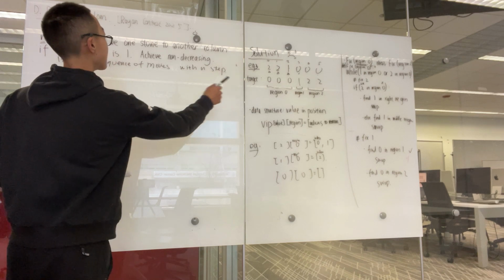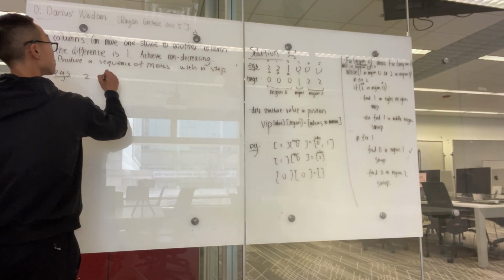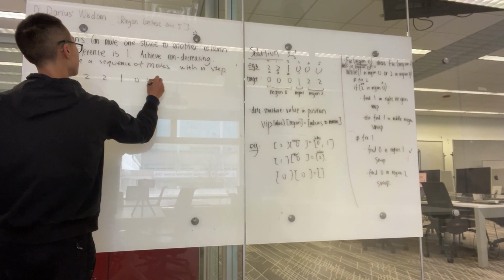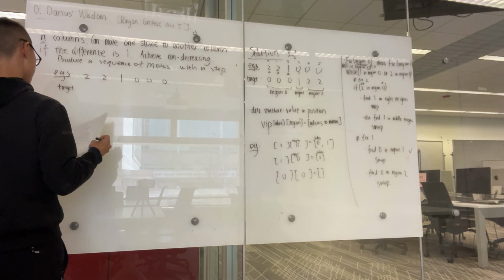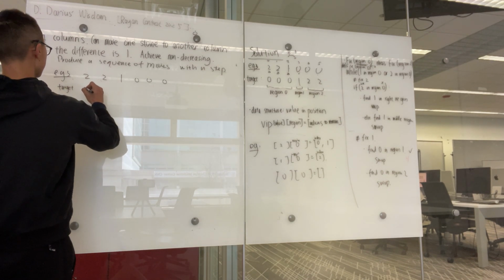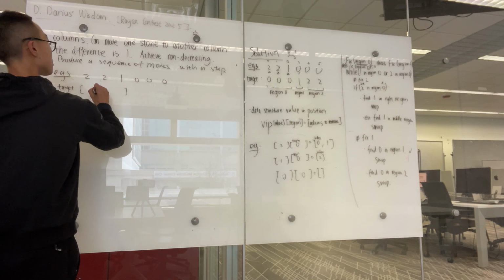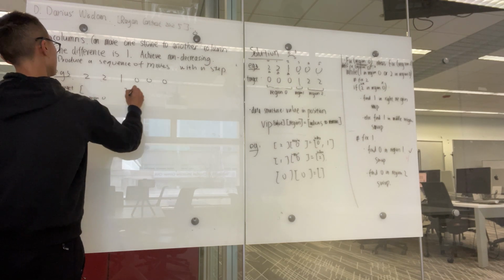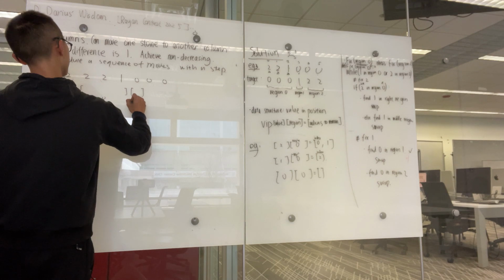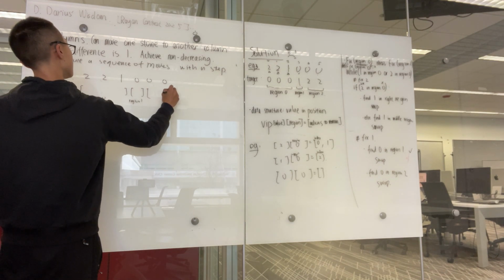Let's still use this example: 2, 2, 1, 0, 0, 0, and the target region 0, region 1, and region 2.